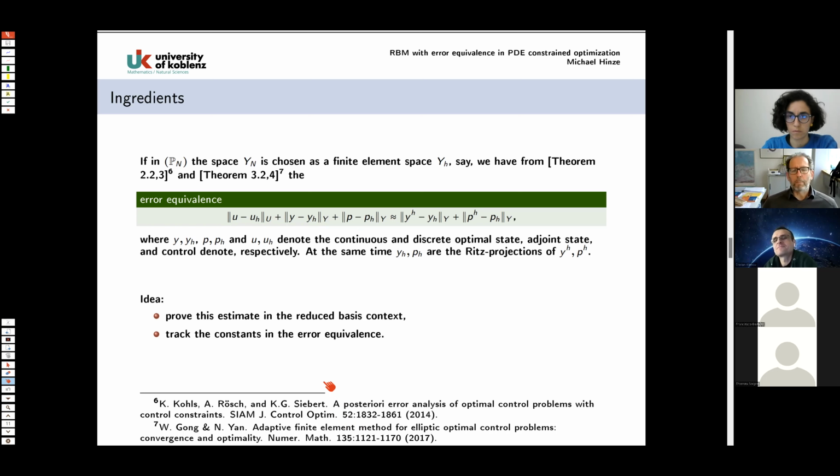But the complicated part was the tracking of the constants in the error equivalence. If you go to the paper I mentioned in the abstract, all the details are given, and you will see that it's not super nice and it's not something for a talk. We were simply inspired by what they did in those works, and then we mimicked this in the reduced basis world, since both are Galerkin methods. That was the idea. Thank you.